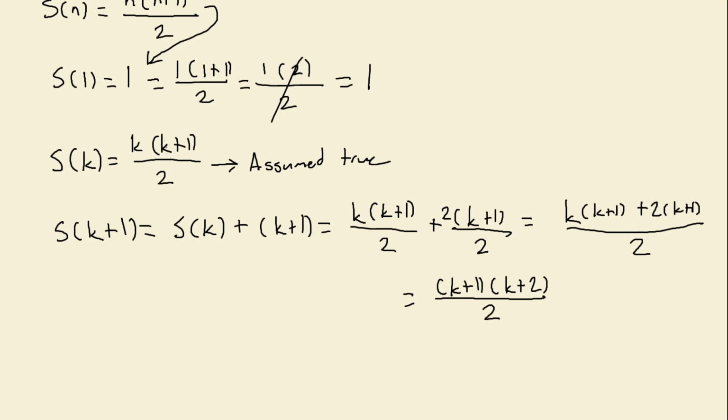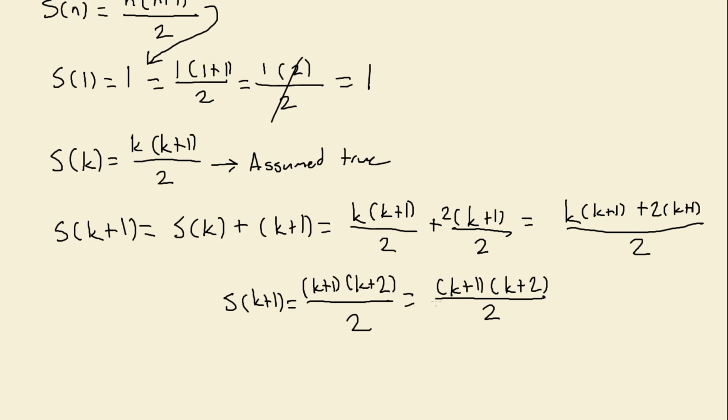And that is the same as plugging into the formula here. If we say that the sum for k plus 1 is equal to, we know that this is true, but if we use the formula n times n plus 1 over 2, we're going to get k plus 1 times k plus 1 plus 1, which is k plus 2, divided by 2.